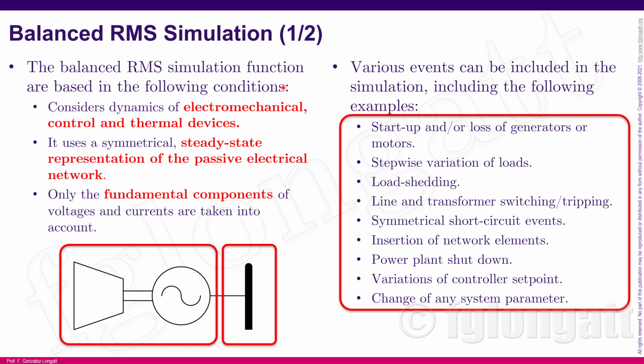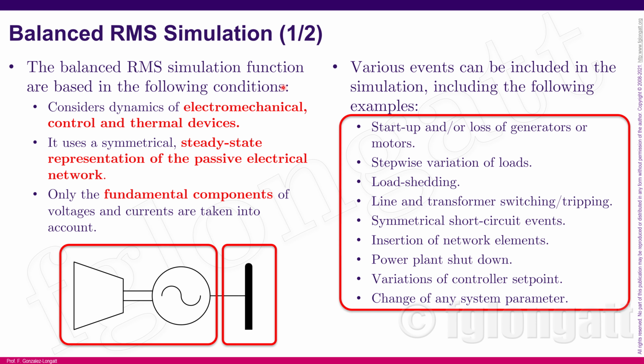Because the transmission network is basically a passive network. I mean, they are only resistors, capacitive reactances, and inductive reactances, okay? It's a very passive electrical network that can be represented using a linear model. It can be admittance or it can be impedance, okay?